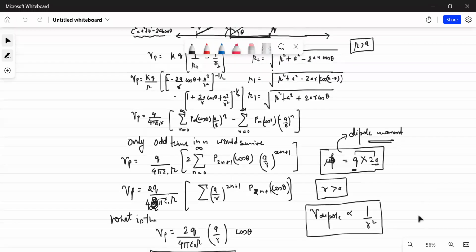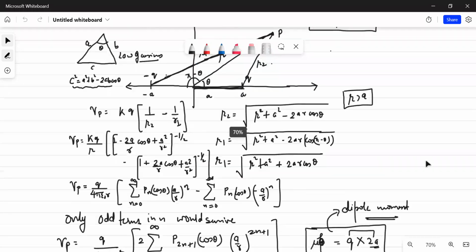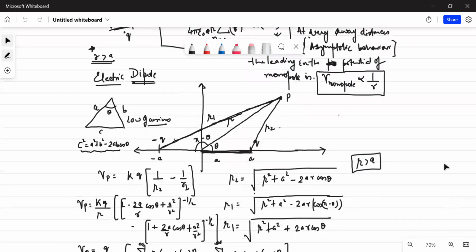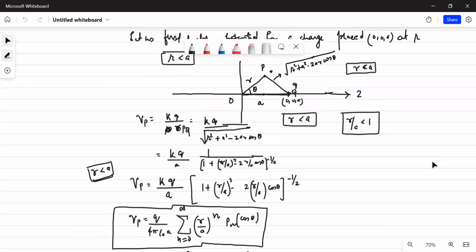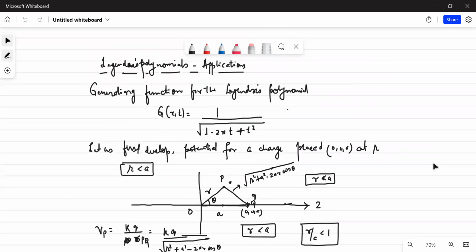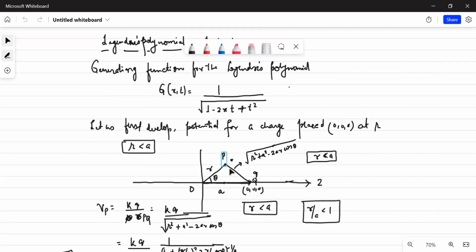Yesterday we were trying to find the potential due to specific arrangements. For example, first we tried to find the potential due to a charge placed at 0 comma 0 comma a at a distance r, where r is less than a.